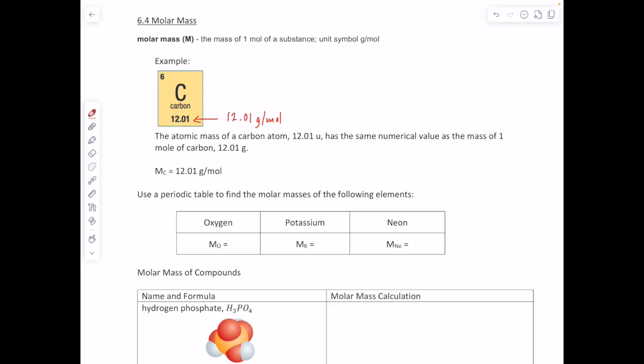The molar mass of oxygen is 16.00 grams per mole. Let me just reference my periodic table.